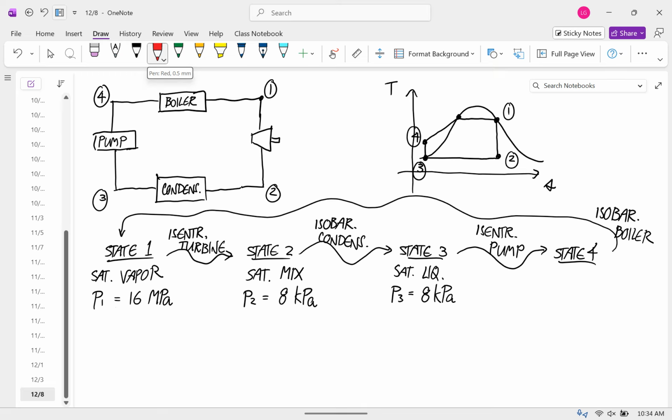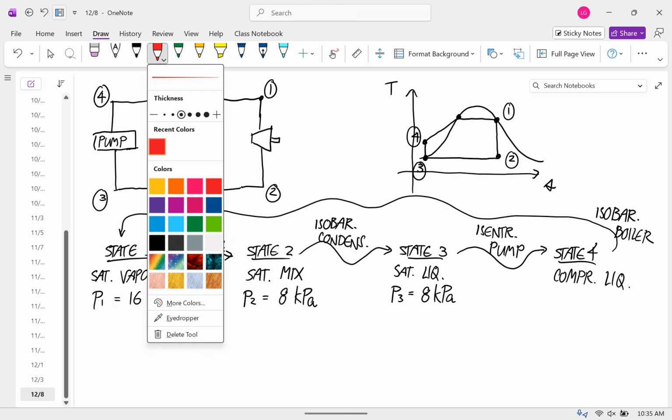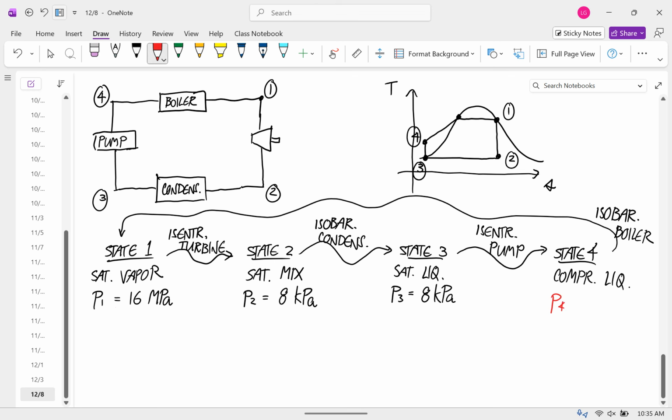We have the pressure at state 1, so we know the pressure at state 4 has to be, well, let me write the phase here since I did for all the other ones. So state 4, this is a compressed liquid. But because it's isobaric, we know that P4 is 16 megapascals.